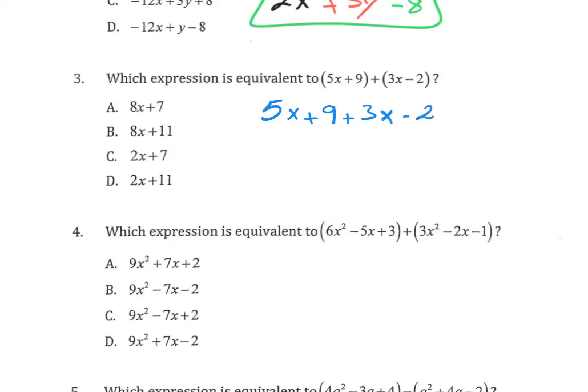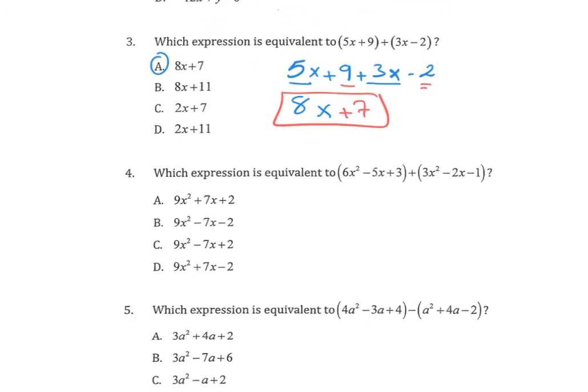And we have 5x plus 3x, that will be 8x. And then we have 9 take away 2, that would be positive 7. So the answer would be A, 8x plus 7.